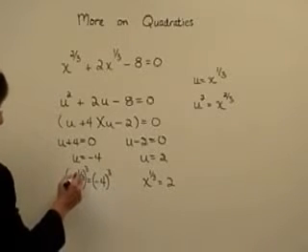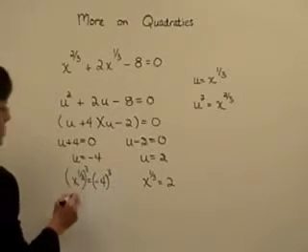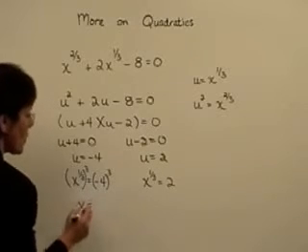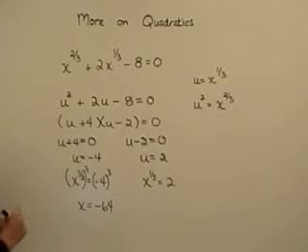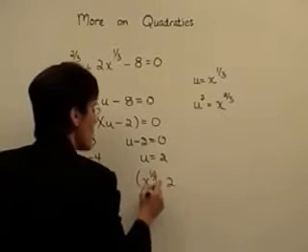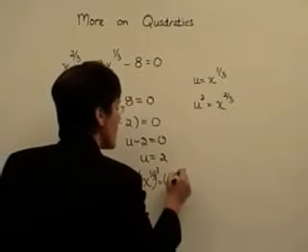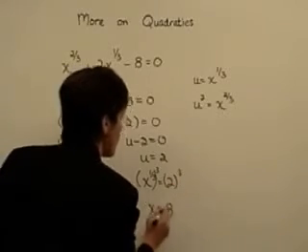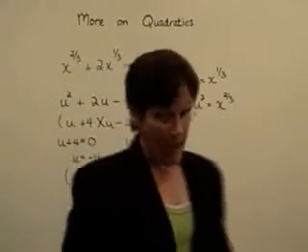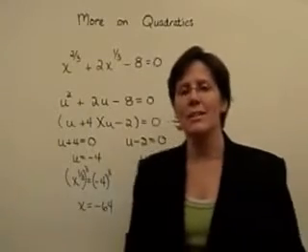So right here, again, I did it because 1/3 times 3 is 1, and I wanted that to be an x to the first power. A -4 cubed is a -64. There's one of my solutions. Right here, when I cube both sides of this equation, again, I'm going to have x on the left, and 2 cubed on the right is 8. There are my 2 solutions to this equation.